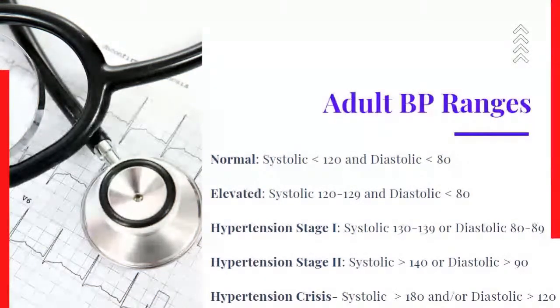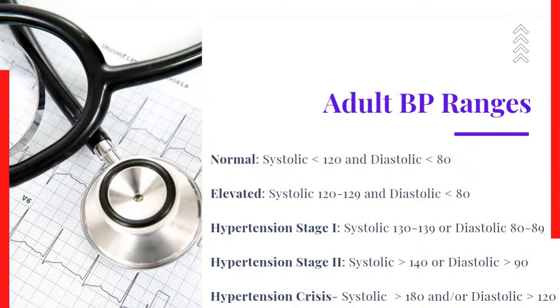Something normal on the diastolic is still going to be considered elevated because of that systolic pressure being higher than the 120.